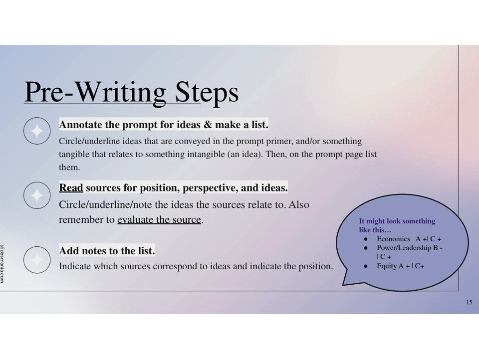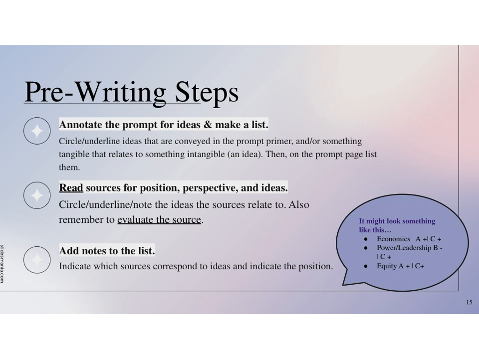Then on the prompt page, list them. Then you're going to read the sources for position, perspective, and ideas. Circle, underline, or note the ideas that sources relate to. Also remember to evaluate the source. Add notes to the list on the prompt. Indicate which sources correspond to the ideas and indicate the position.